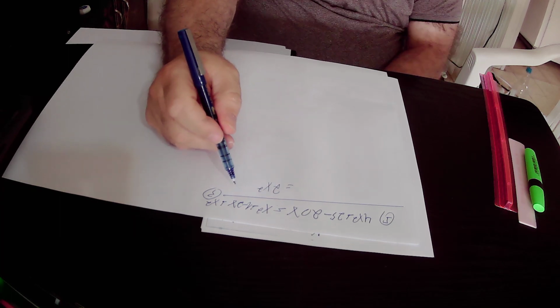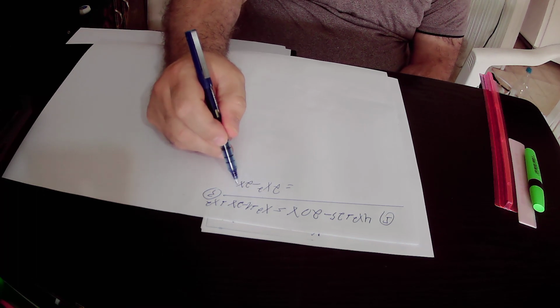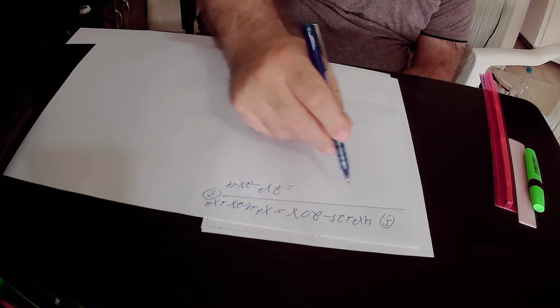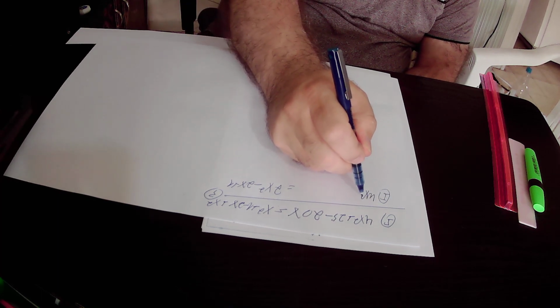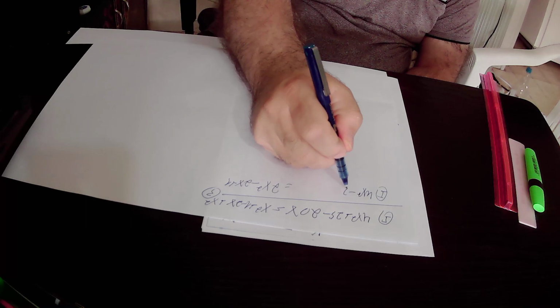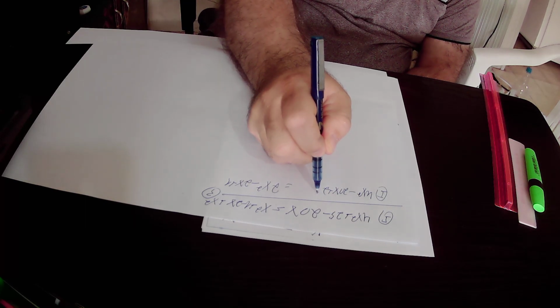On this side of equation number 1 we have 2x squared minus 2x plus 1. On this side of equation number 1 we have 4x squared minus 20x plus 25.